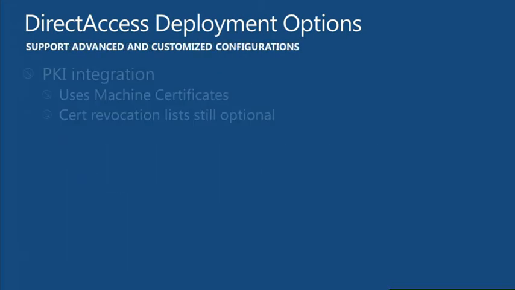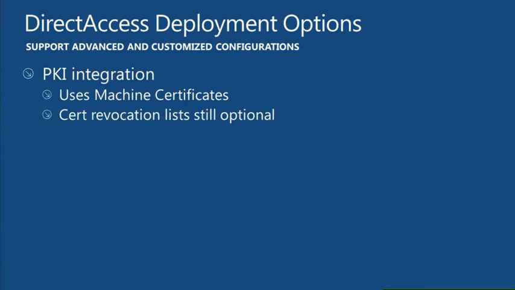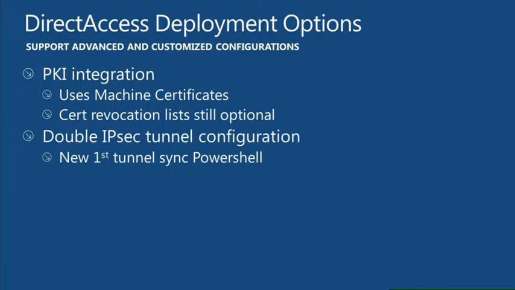We do still support advanced configurations, much like what was already present in Server 2008 R2. We fully support PKI and can use machine certificates for the authentication. It still uses a double tunnel configuration with the first tunnel describing the DNS, DCs, and other management servers.